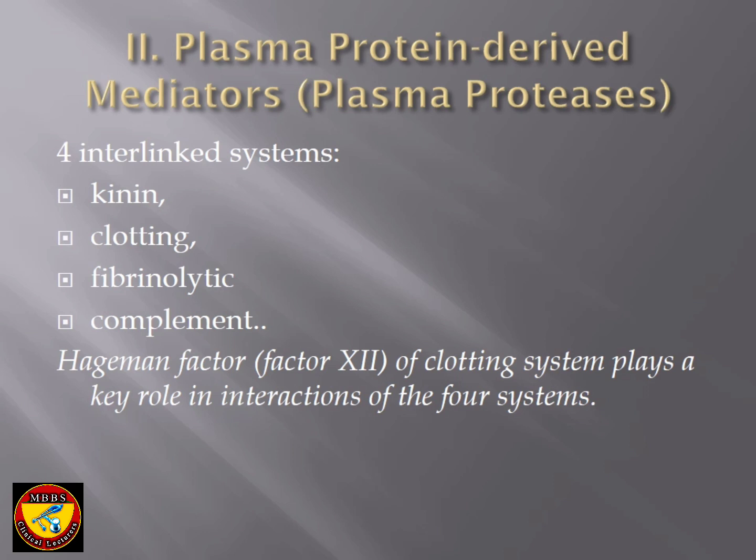So in inflammation, activation of factor 12 is brought about by contact of the factors leaking through endothelial gaps. The end products of the activated clotting, fibrinolytic and kinin systems activate the complement system that generates permeability factors, and these permeability factors in turn further activate the clotting system, right? So these are the general features of plasma derived protein mediators.